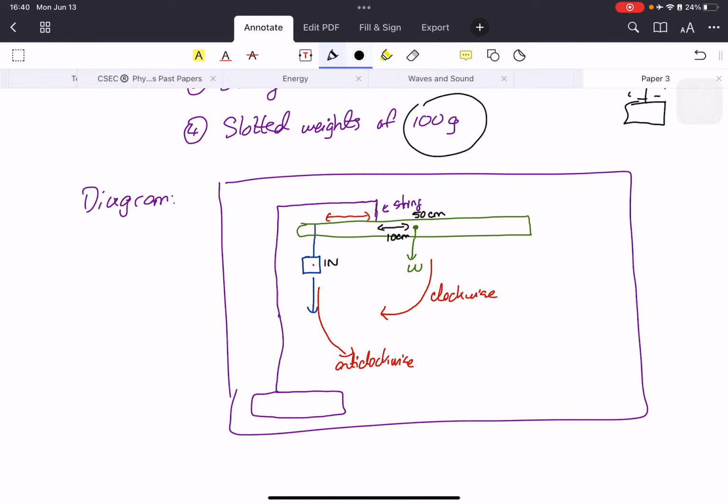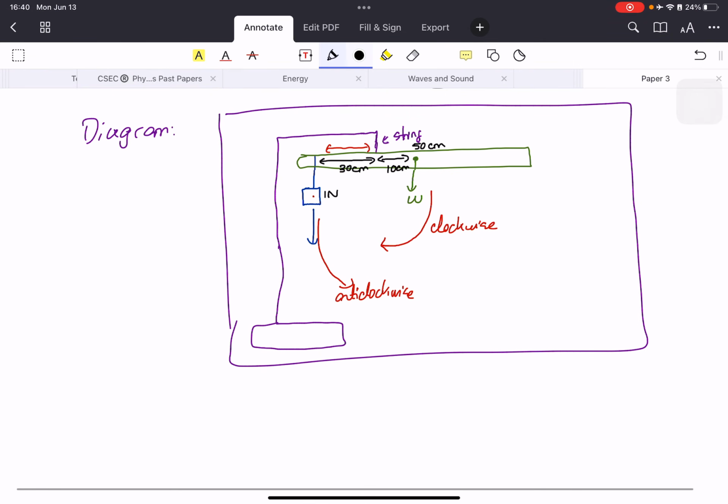And then you measure the distance from wherever you attach this to the pivot. So let's just pretend this is probably like 30 cm. So you use your moments formula. The total anti-clockwise moment would be 1 Newton multiplied by 0.3 meters.